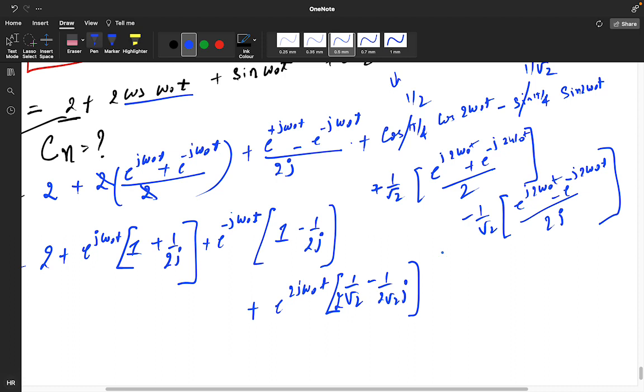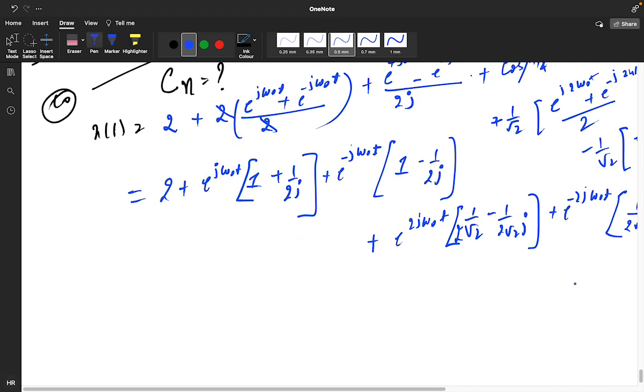Anything else? Yes, e power minus 2j omega naught t. Take it common. What are you getting? 1 by 2 root 2 plus 1 by 2 root 2 j.